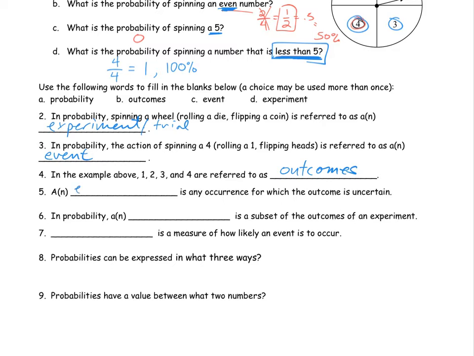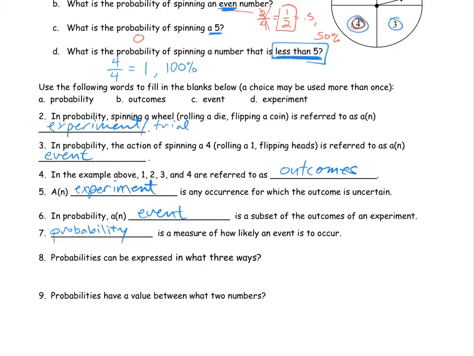An experiment is any occurrence for which the outcome is uncertain. In probability, an event is a subset of the outcomes of an experiment. And lastly, the one we have not used yet: probability is a measure of how likely an event is to occur.